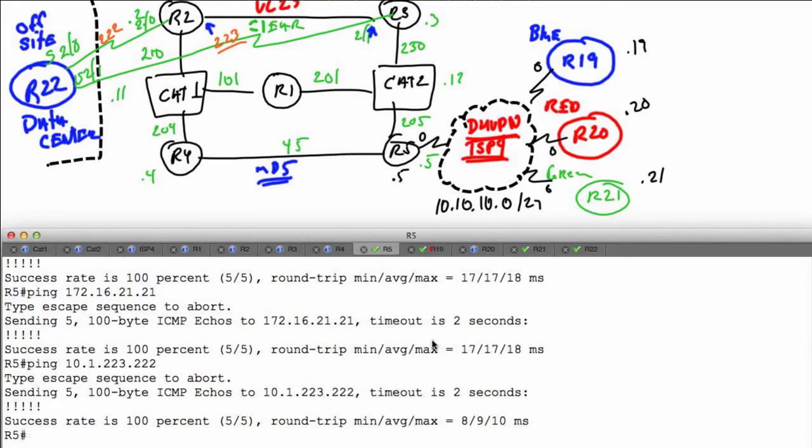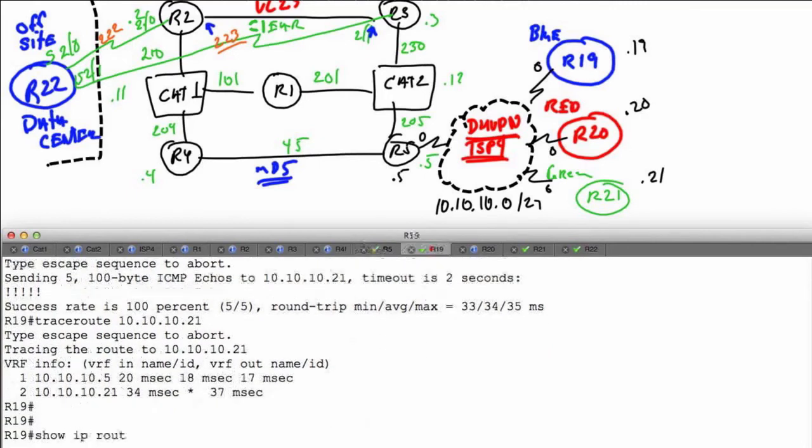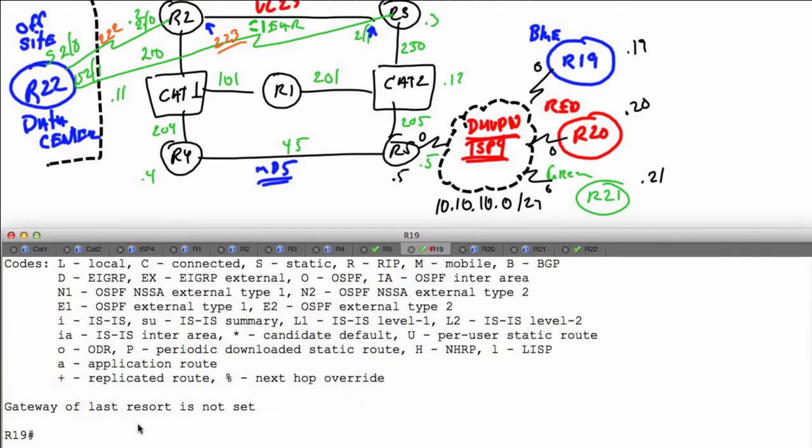But when we start looking at this, what we need to realize here is that we may have issues on our remote sites. So let's go to the Office Blue and say show IP route. Well, when we look at the show IP route, we see a lot of information. Notice we have 19.19, that's us physically connected. But let's take a look and see what we see with IP route RIP. We're not seeing anything with IP route RIP. Now that's very interesting.